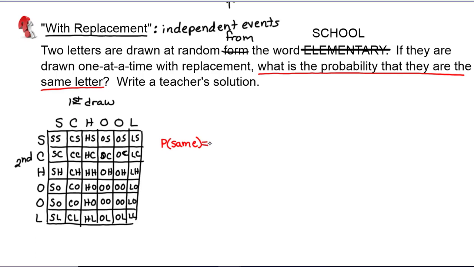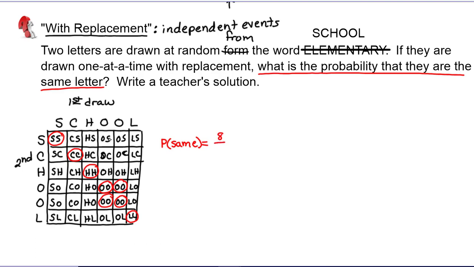So all I'm going to do is circle everything that has the same letter. And if you notice, we go diagonal, that's one of them, but then we have to look at the other letters. And I think that's it. Okay, so that's 8 of them.